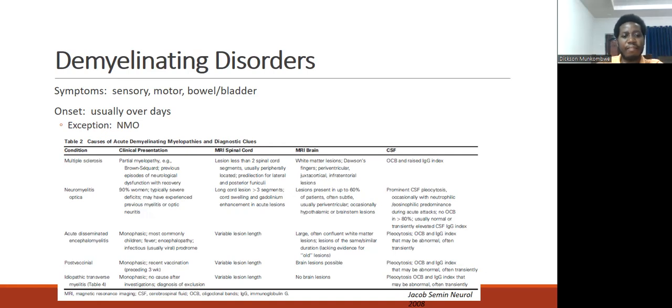So you can have a typical transverse myelitis picture, where you would have maybe one limb affected in MS, you could have both limbs affected in neuromyelitis optica, even though bear in mind that these clinical presentations are not absolute. And this is just a guide to help you narrow down as you are approaching the patient. You need to put together a number of things to concretely say neuromyelitis optica over multiple sclerosis.